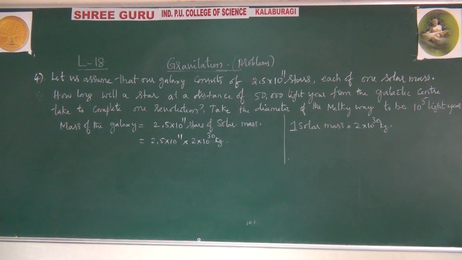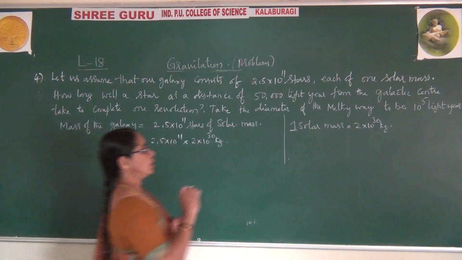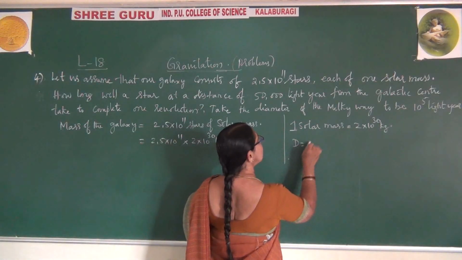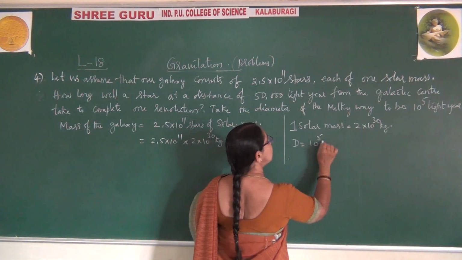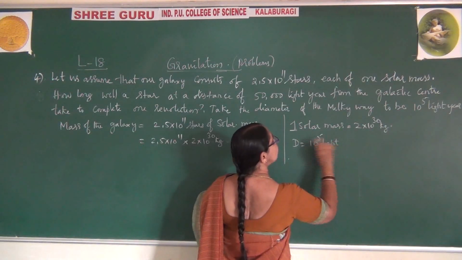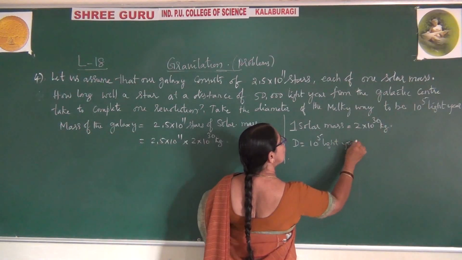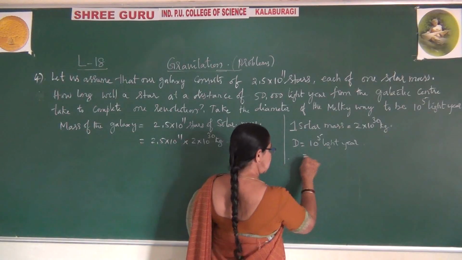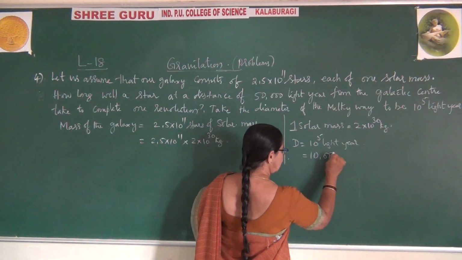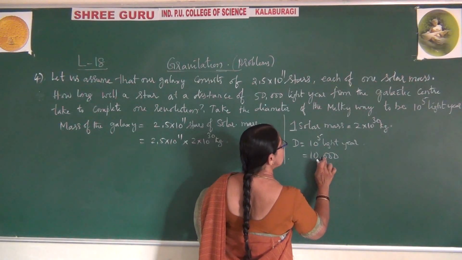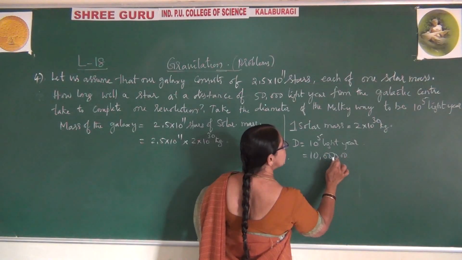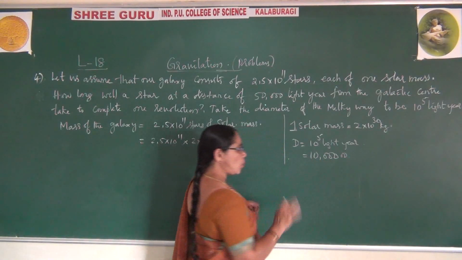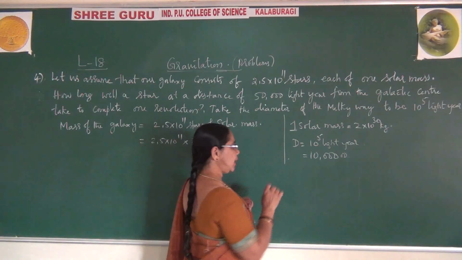They have given the diameter as 10 raised to 5 light year, that is, 10 followed by 5 zeros, which is nothing but 1 lakh, divided by 2.